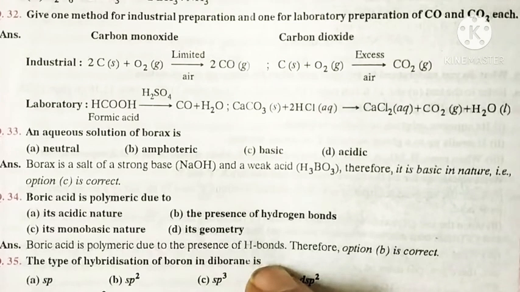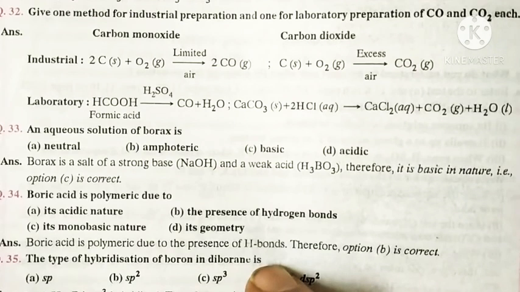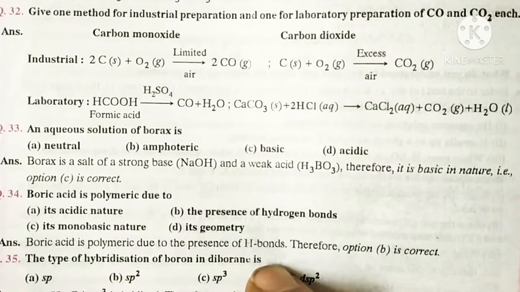So the first case is incomplete combustion and the second case is complete combustion. And from the laboratory point of view, formic acid, when reacted in the presence of H2SO4, is converted into carbon monoxide and H2O, and calcium carbonate when it reacts with hydrochloric acid is converted into calcium chloride, CO2 and H2O.